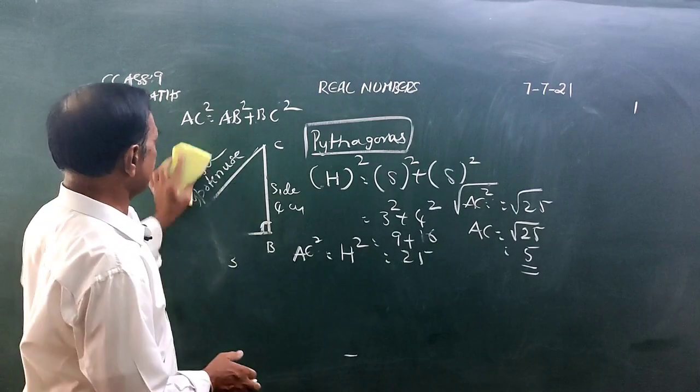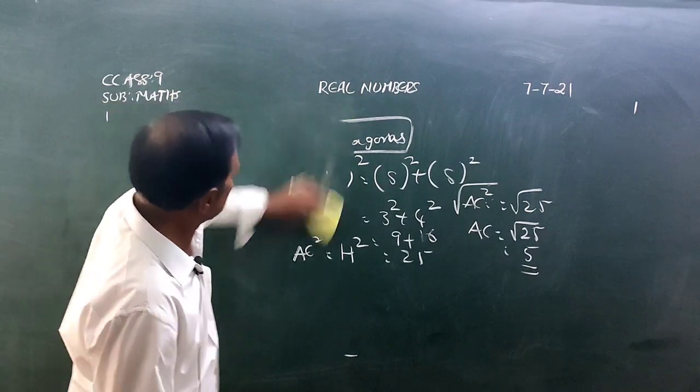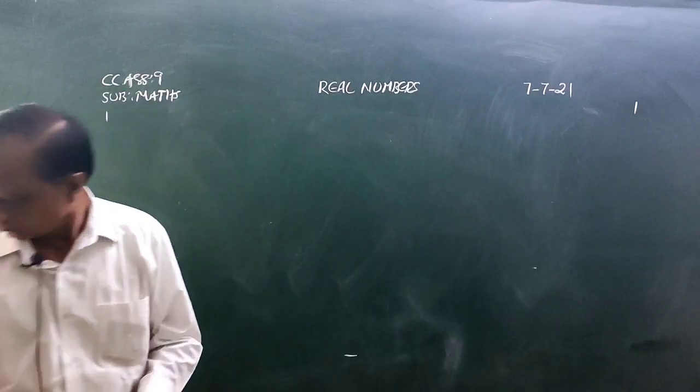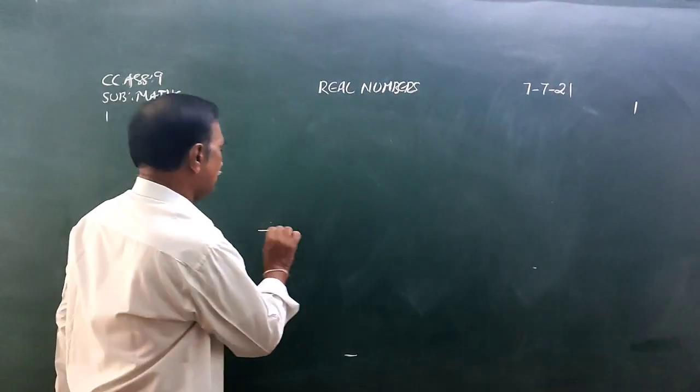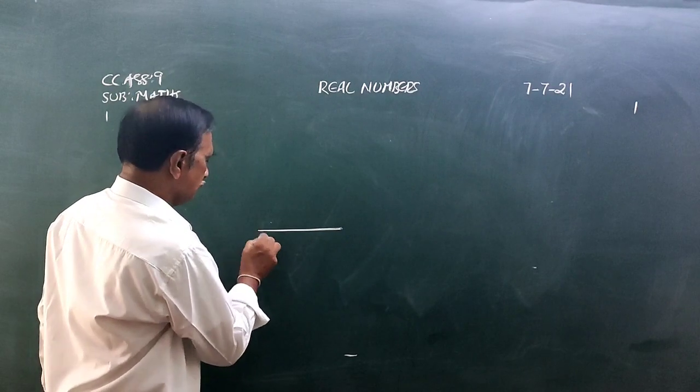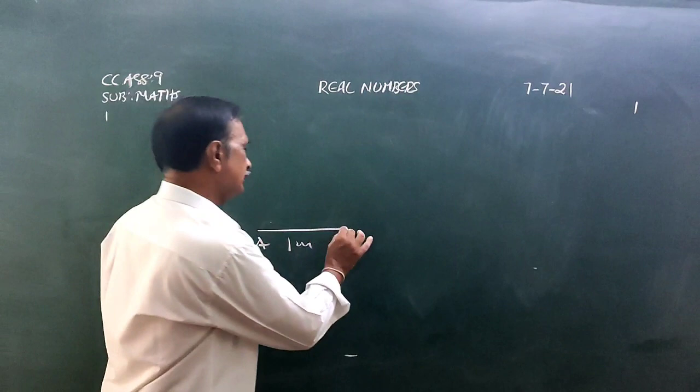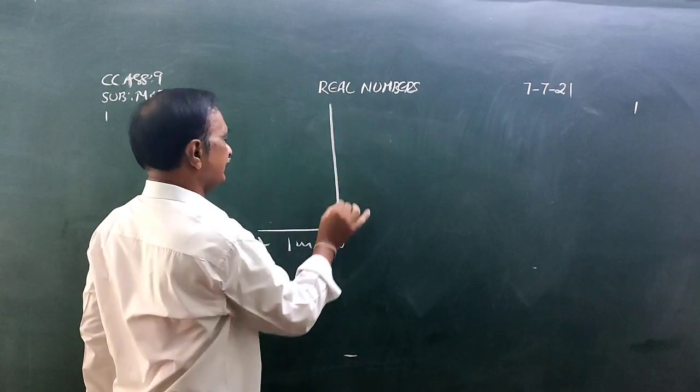Now I will take one more example here. Say I take AB equal to 1 unit. At B, I construct a 90 degree angle.